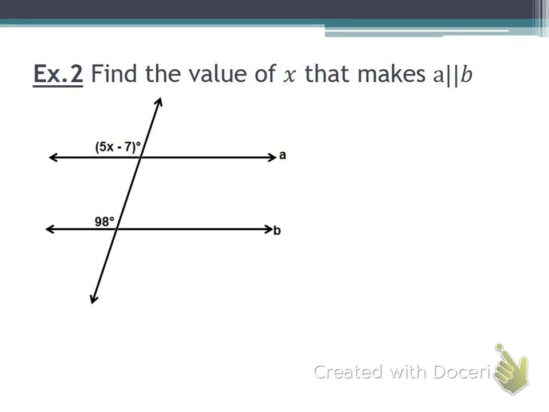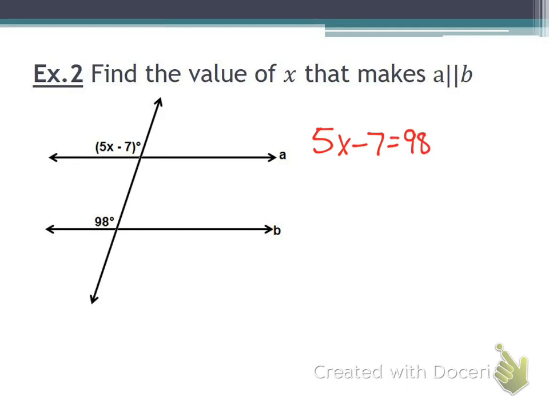Find the value of x that makes A parallel to B. So we look at the angles they marked for us. What is their relationship? Corresponding. And if these lines are going to be parallel, we want corresponding angles to be equal or congruent. So our equation would be, good.